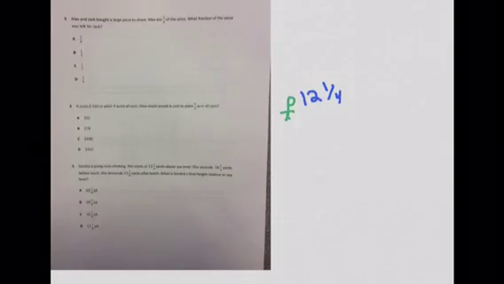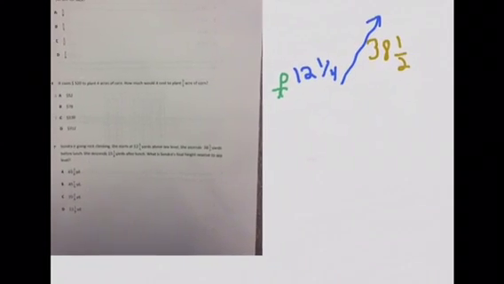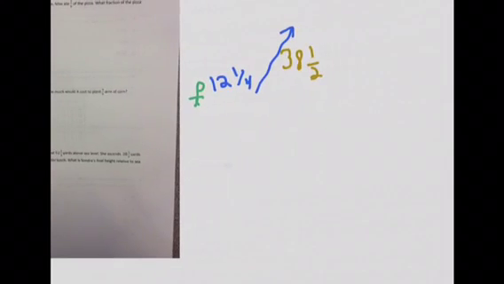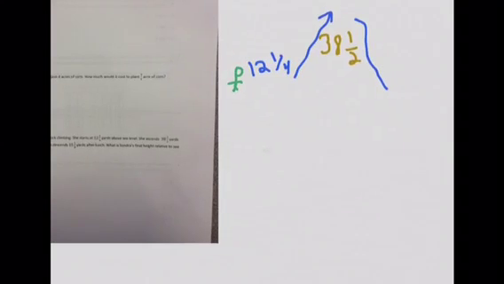And then she ascends, which means go up, and she goes up 38 1/2. And then she descends, which is going down 15 1/8. So she probably goes down a little bit less than how much she went up.